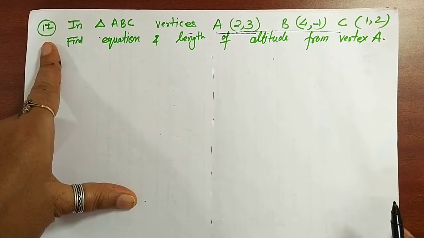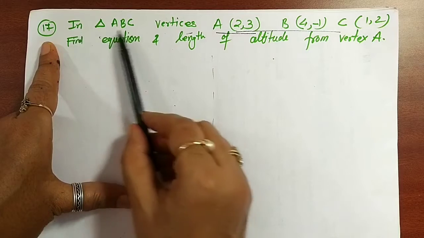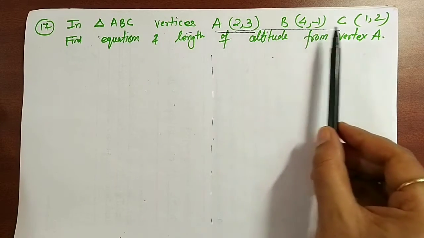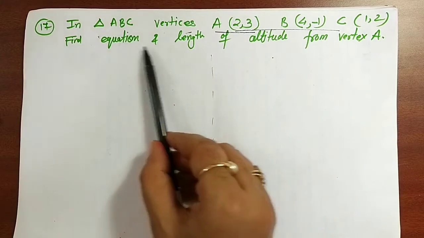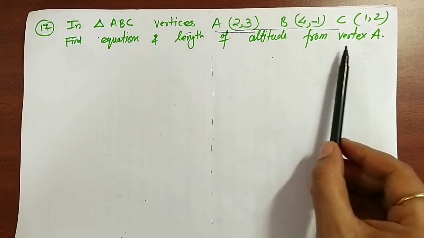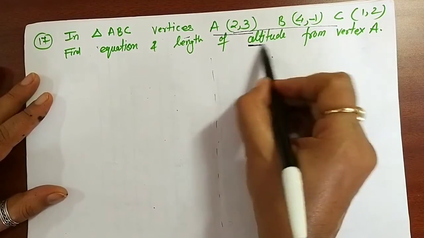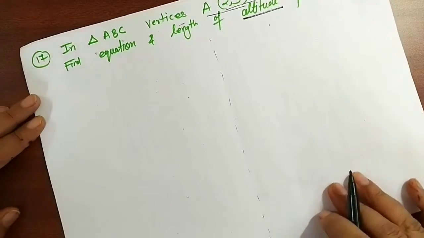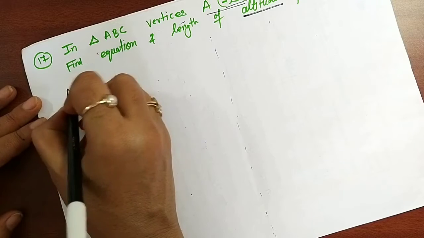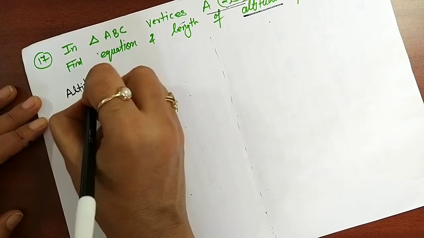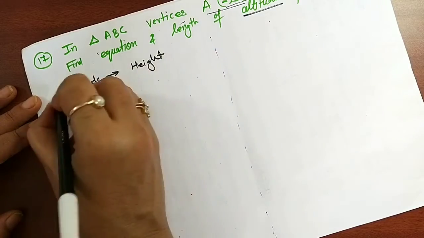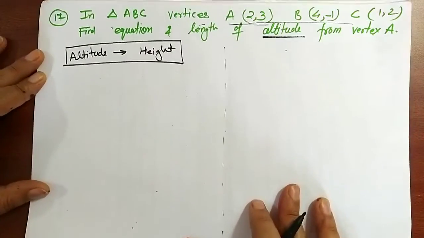From the same exercise. It says there is a triangle ABC with vertices A, B and C. You have to find the equation and the length of the altitude from the vertex. So be careful, they are talking about altitude. Altitude is just a fancy name for the height of a triangle.